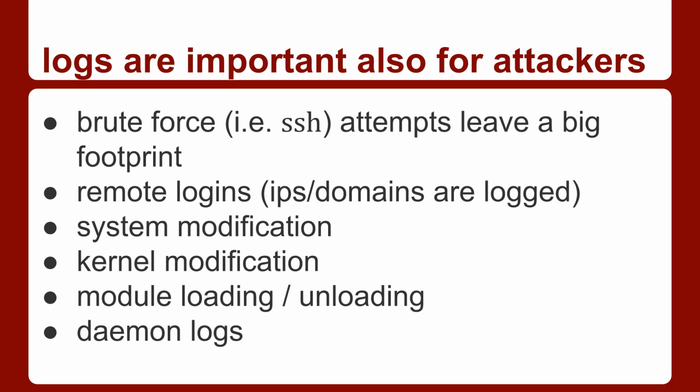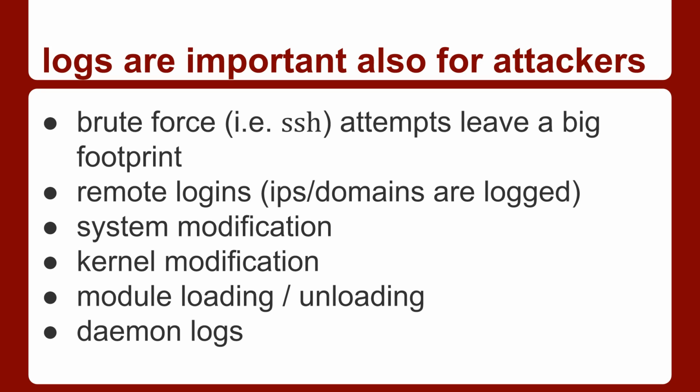So things that attackers do, like brute forcing over SSH, leave a very large footprint in the logs. You'll see a failed attempt logged message for each attempt that the attacker makes. For each successful login, you'll see the IP and the domain that the person connected from to your system.